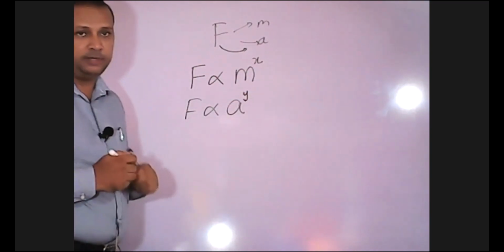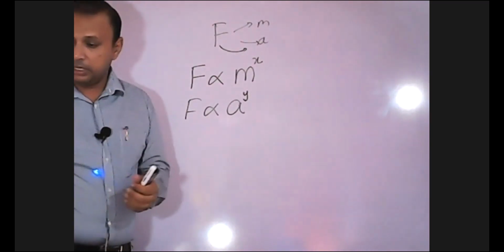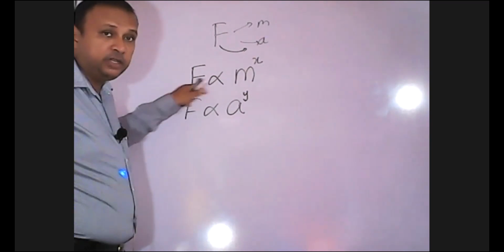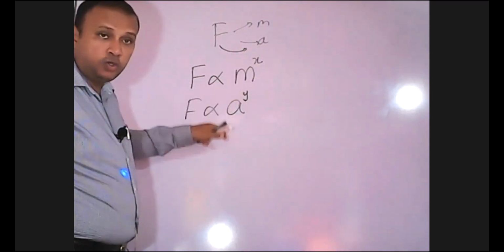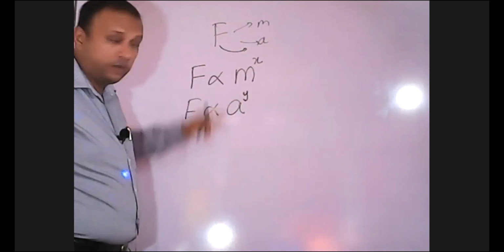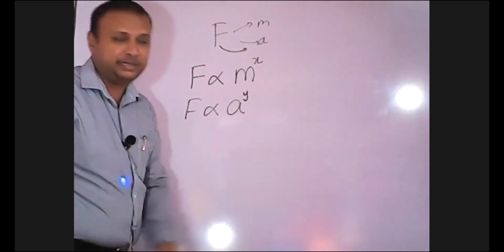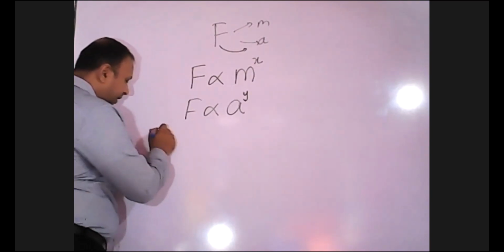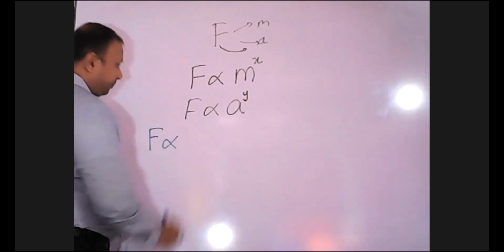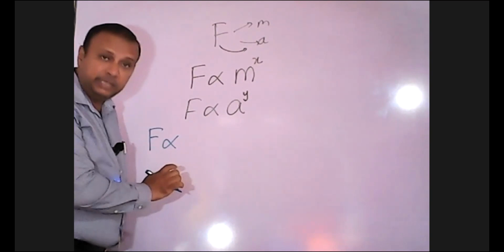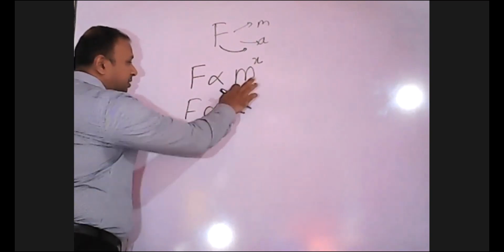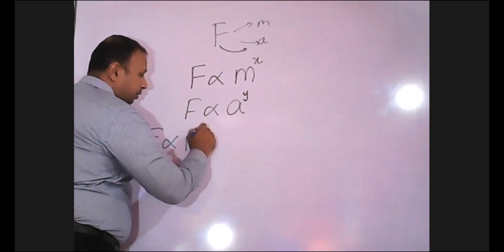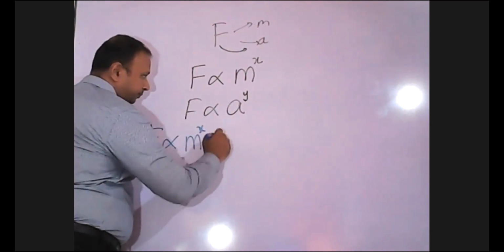That is my assumption. So if any physical quantity is directly proportional to two or more physical quantities separately, I can write it as directly proportional to the product or multiplication of these physical quantities.